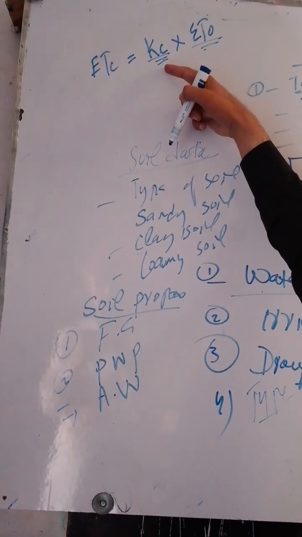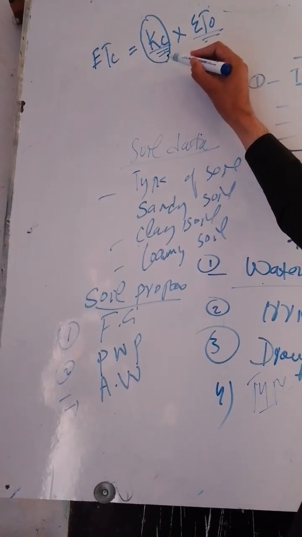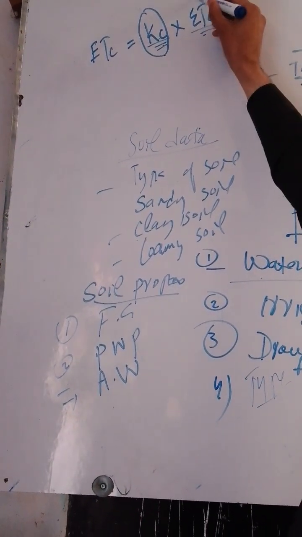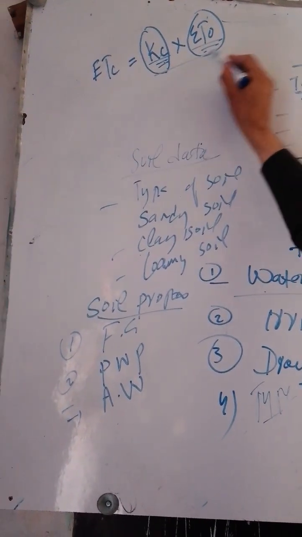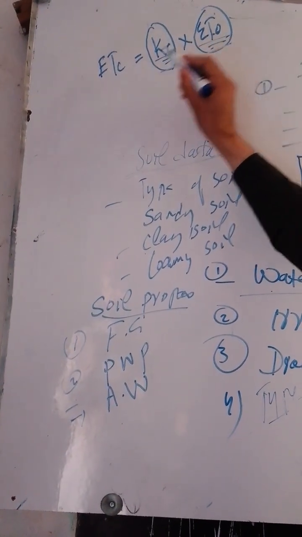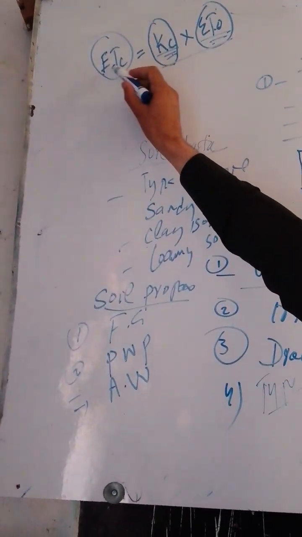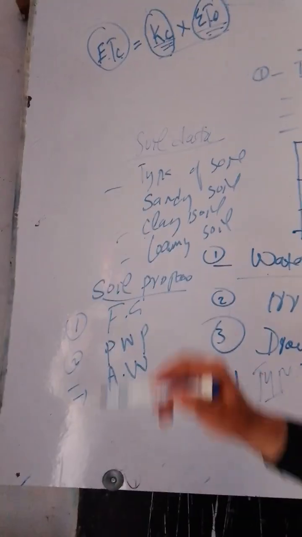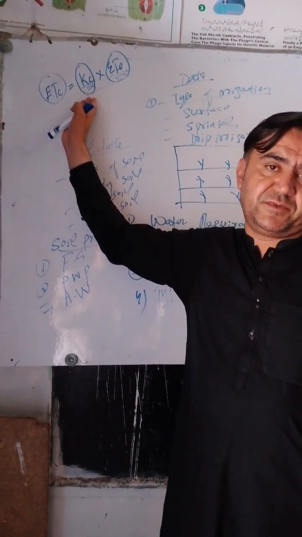From this FAO manual, we take the constant Kc value and multiply it with ET naught. When we multiply these two factors, we get the crop evapotranspiration, ETc. So with the help of this model, we can also find out evapotranspiration.